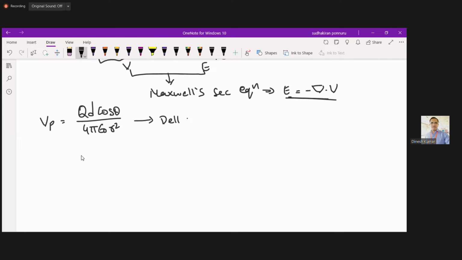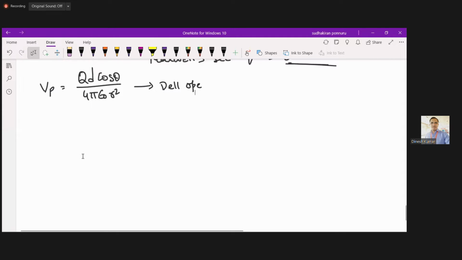But before applying the del operator, in our previous classes I have already given the del formula with respect to the rectangular, cylindrical, and spherical coordinate systems. It has different formulas for different coordinate systems.